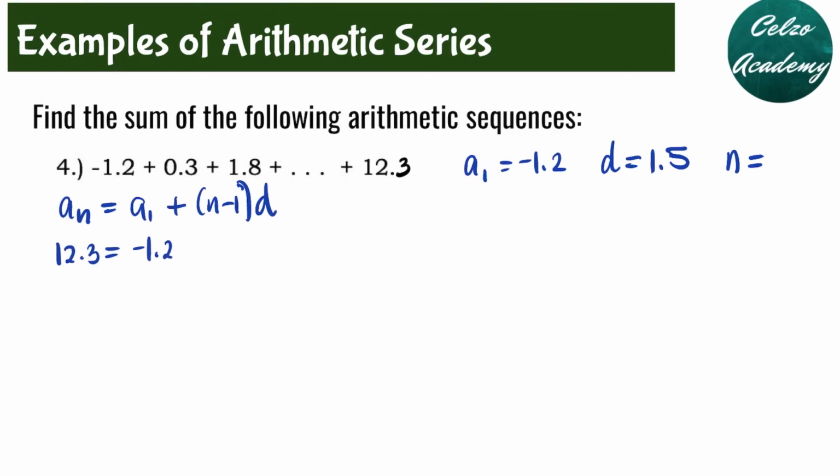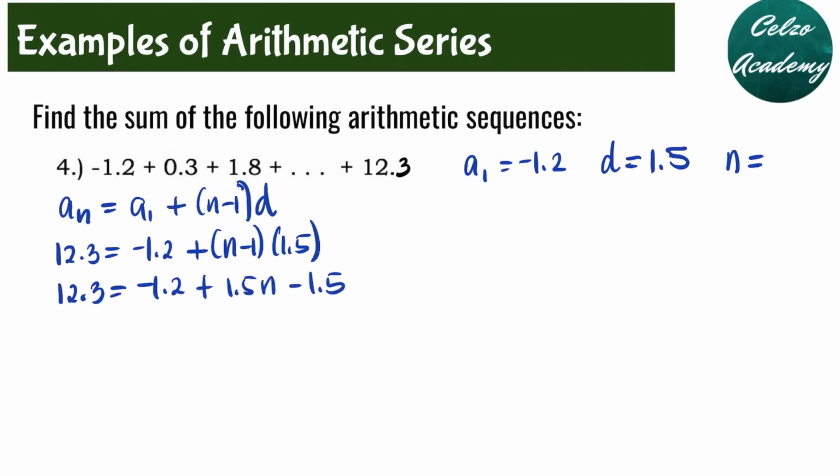First term is negative 1.2. N minus 1 times the common difference of 1.5. Simplifying the right side, we have negative 1.2 plus 1.5n minus 1.5 by doing distributive property.